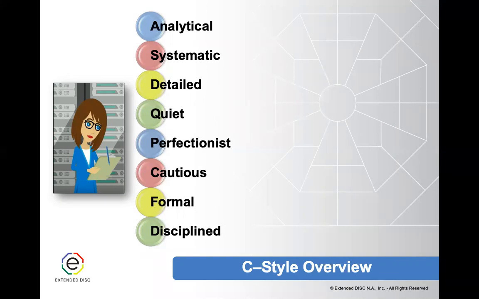They tend to be quiet and keep to themselves. They're very much the perfectionist. Their focus is on quality and precision, and they want to get it right the first time and every time. They will keep researching and looking at the data until they feel comfortable that it is absolutely spot on.